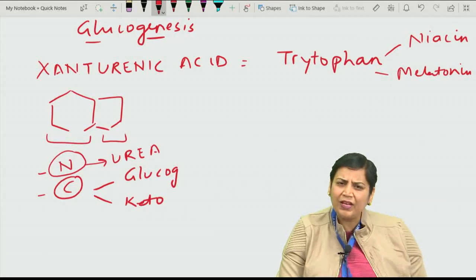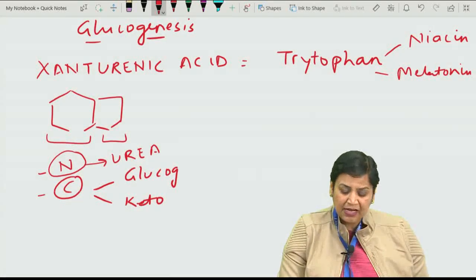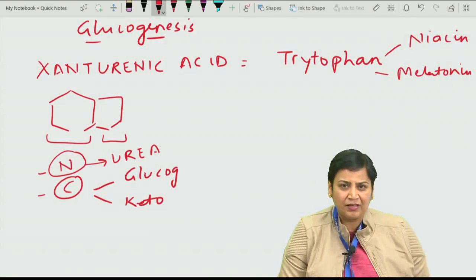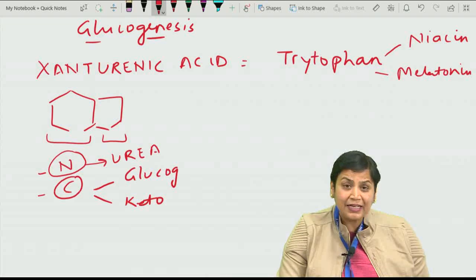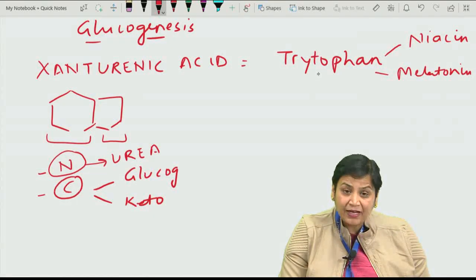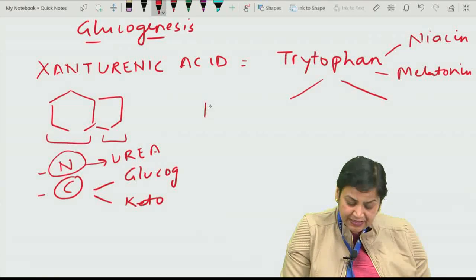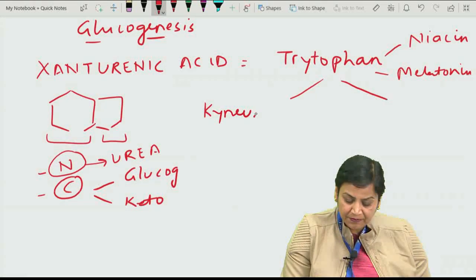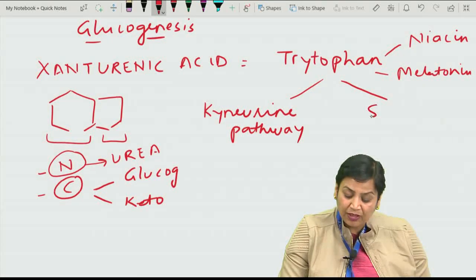These are two very important products of tryptophan. Once tryptophan is degraded to form these important compounds, it is degraded via two pathways: one is the kynurenine pathway and the other is the serotonin pathway.